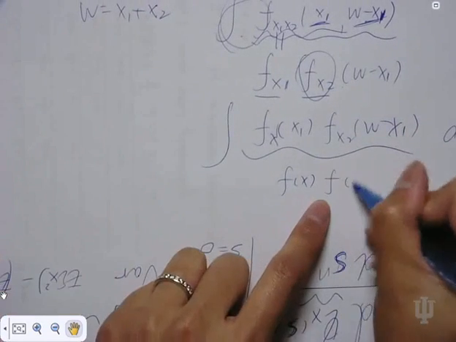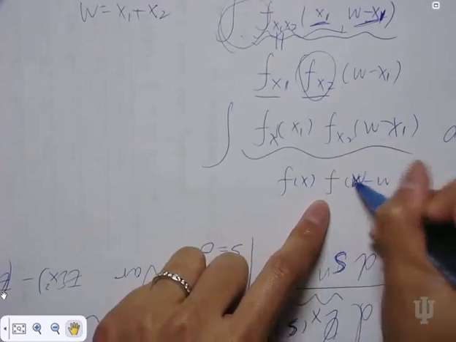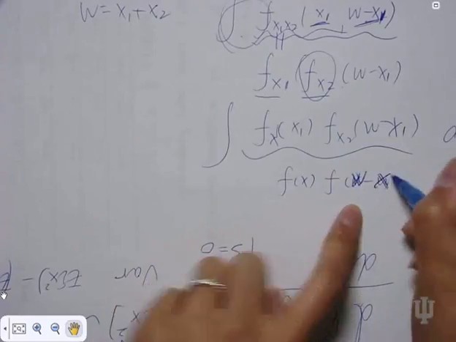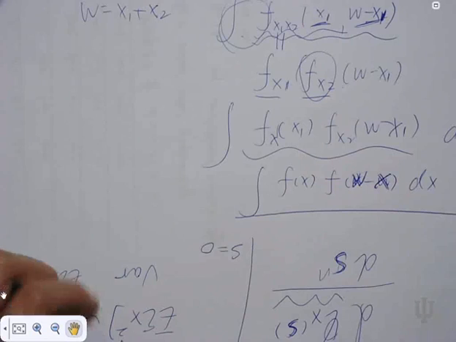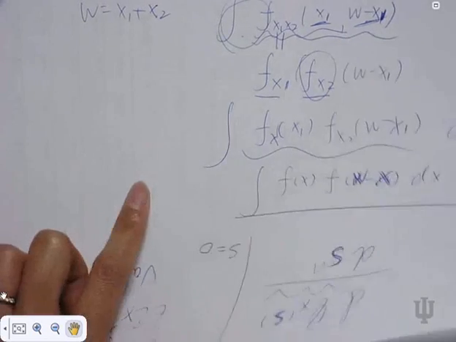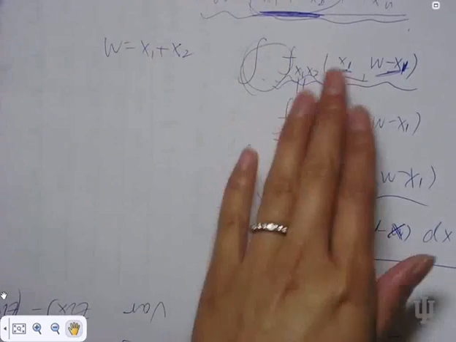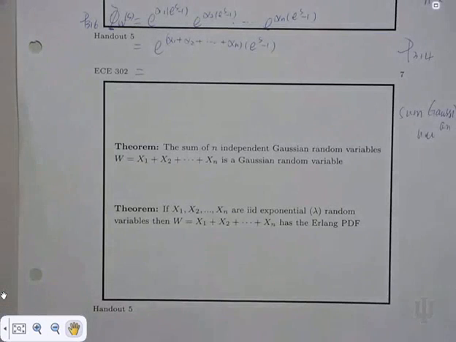So this reminds me of convolution. You know convolution. Convolution in the signal domain means product in the frequency domain. You learned that before, right?